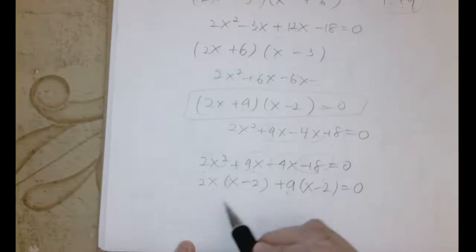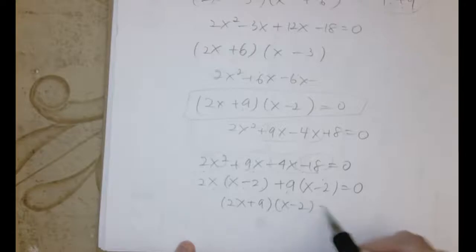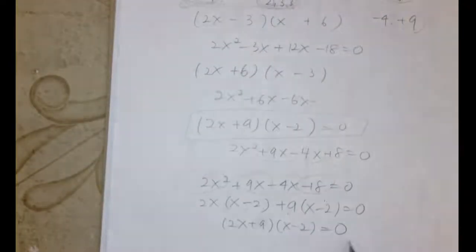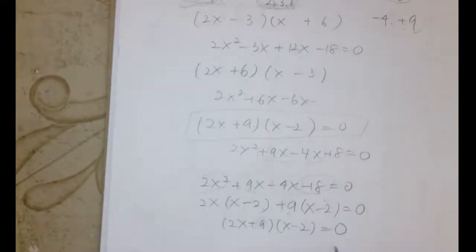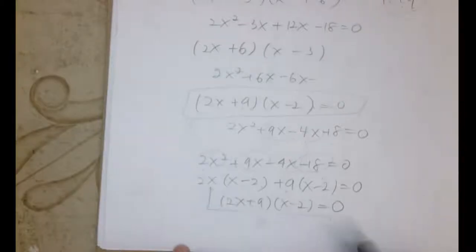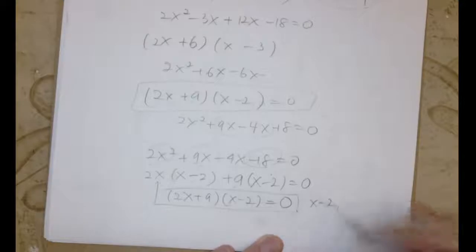So now this is factoring by grouping, right? 2x plus 9, x minus 2 equals 0. And that's what I had here, right? I use this method, but if you prefer this, you're free to use this one. Either way, this is the factorization, okay? So that means the answer is x is 2 and minus 9 over 2, right?